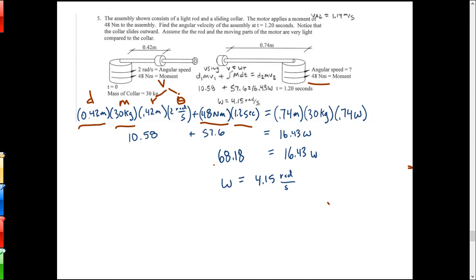So r and d are the same number on this, okay? So then you got the moment, you got the time, and what do we got over here? We've got d, m, and then actually I used omega this time, so why don't I change that so it's omega. Omega and theta dot are the same thing.